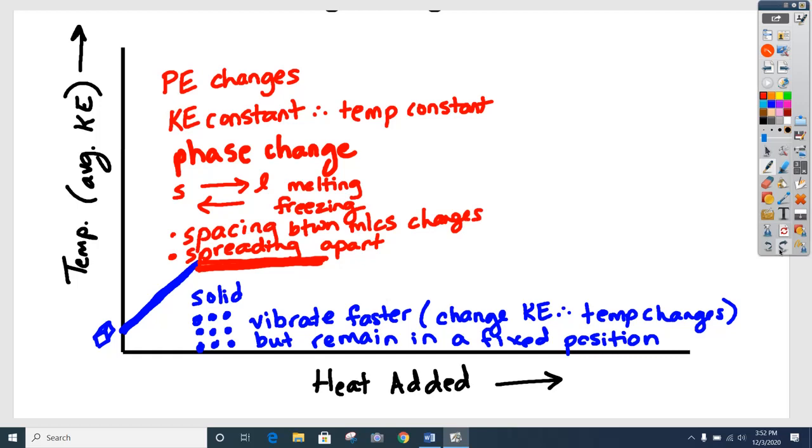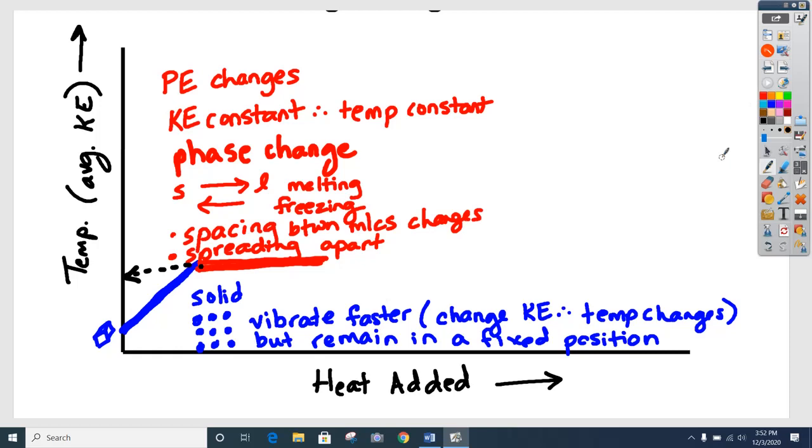At that point, we undergo a phase change, and the potential energy changes. So the molecules don't vibrate any faster, and therefore the kinetic energy is constant, and therefore your temperature remains constant. In one direction you have freezing, and the other direction you have melting. Okay, now it's important that we extrapolate back from this line to your y-axis.